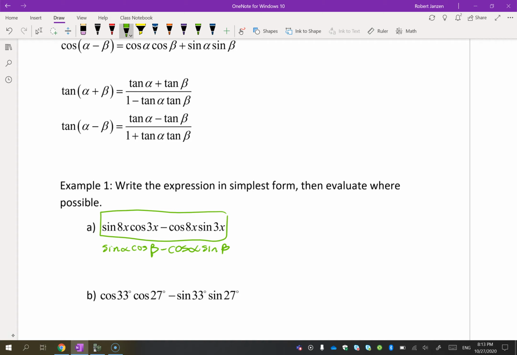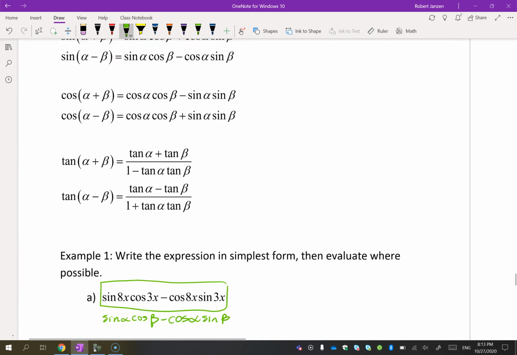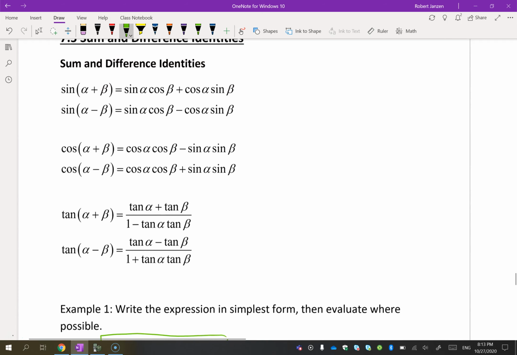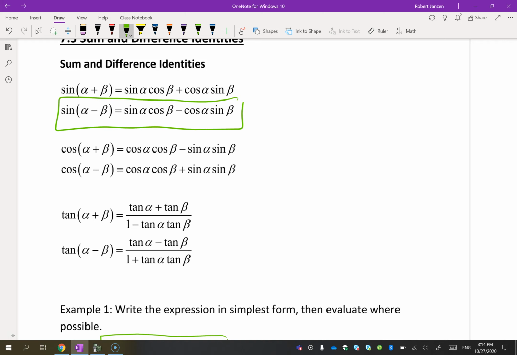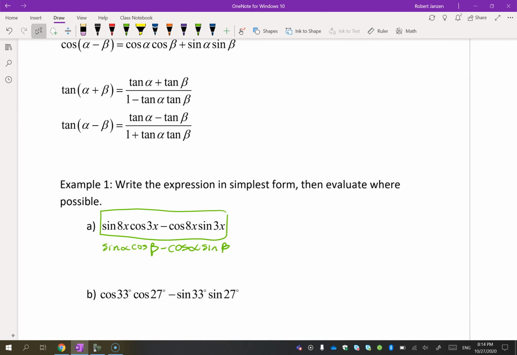Okay, let's see if this is anywhere over here. So we're looking for sine cos minus cos sine. And if you look up here, I see right here sine cos minus cos sine. So that means this is equal to sine of alpha minus beta.